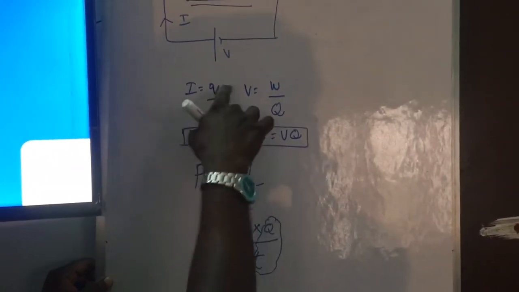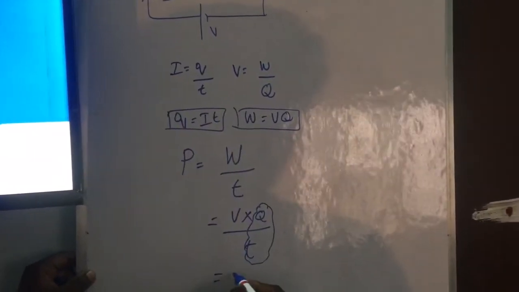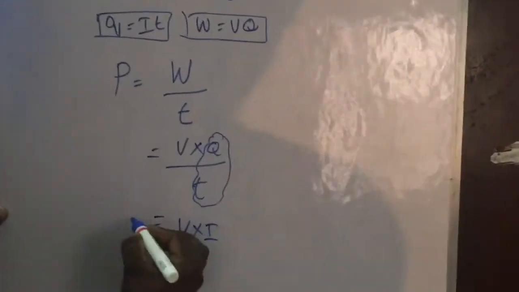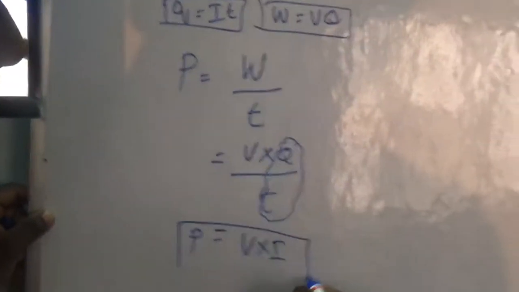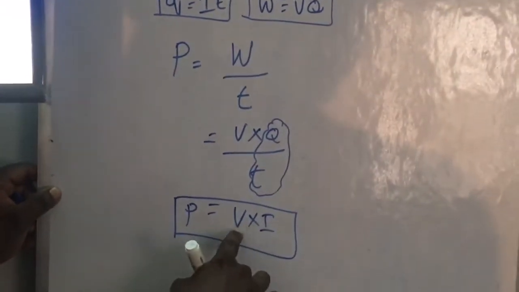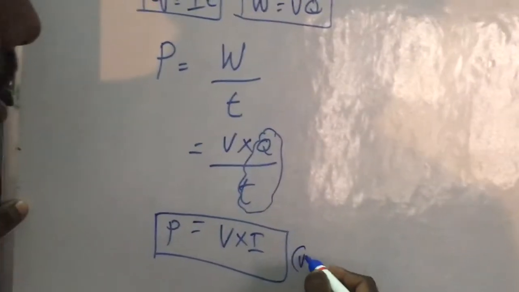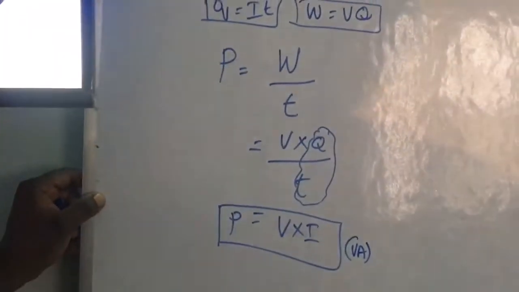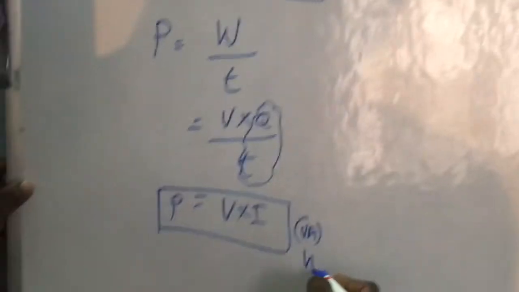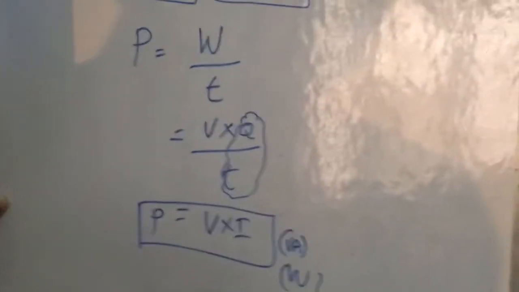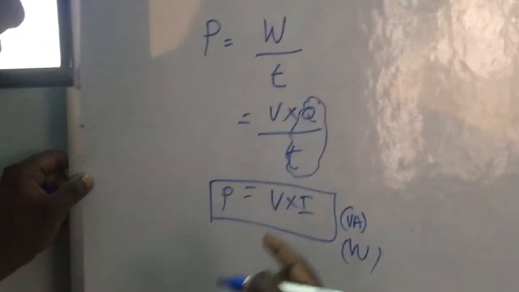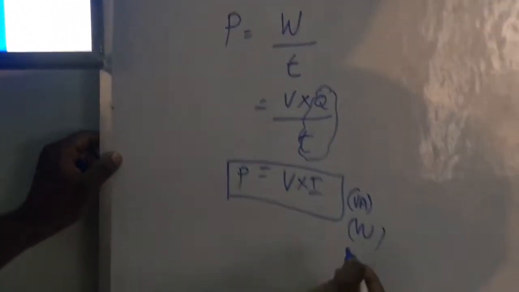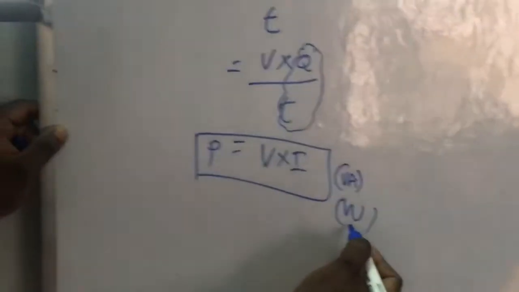Q by T is nothing but I. So we can write it as V into I. So power in terms of electricity is voltage into current. The unit is volt-ampere, or we can say watts. This is named after the Scottish scientist James Watt. So we have his surname as the unit; watt is the SI unit of power.